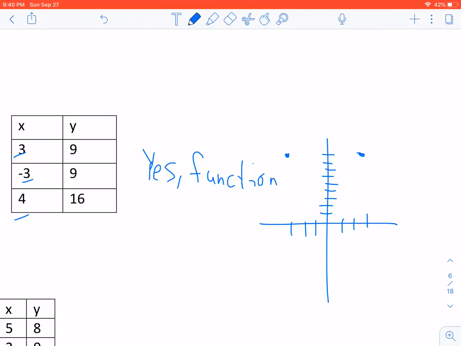And 4, 16. If I draw vertical lines, it never hits any of these twice. Therefore, that's a function. The fact that these repeat doesn't matter, because horizontally, they can repeat. Just vertically, they can't. So yes, that's a function.